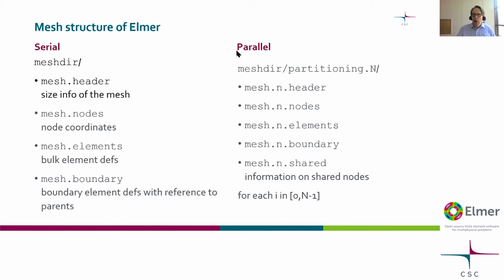And if you have a parallel simulation, then you have exactly the same, except they are given for each partition, and they are saved in a partition-specific subdirectory. So if you would be doing 32, 64, 128 partition jobs, they would all get different partitions.